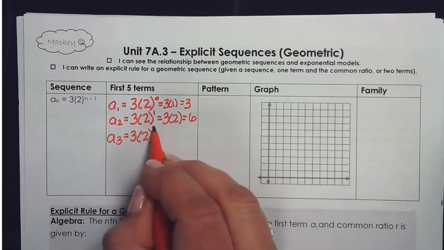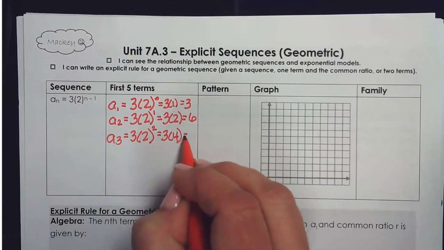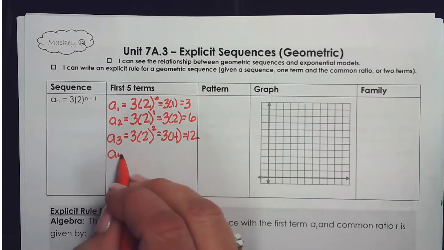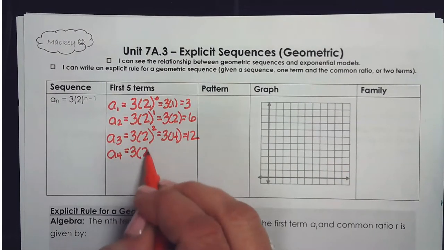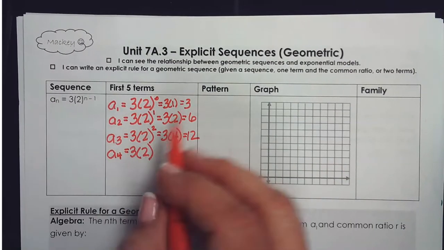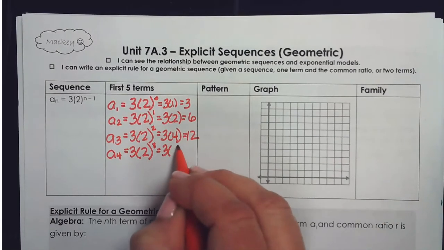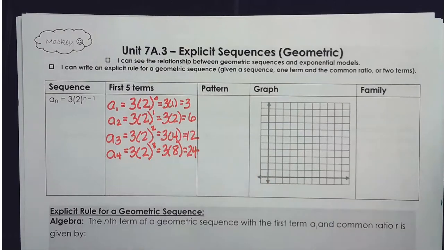So that's going to be 2 squared, so 3 times 4, which is 12. A sub 4 is 3 times 2 to the 4 minus 1, which is 3. So 2 cubed is 8. 3 times 8 is 24.